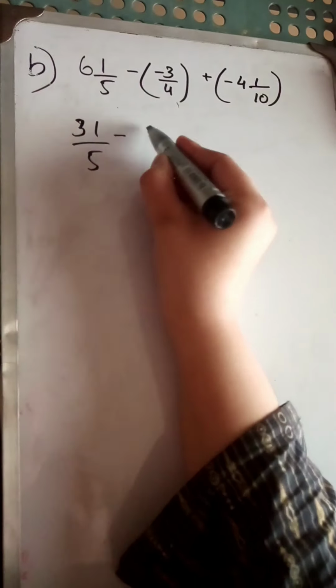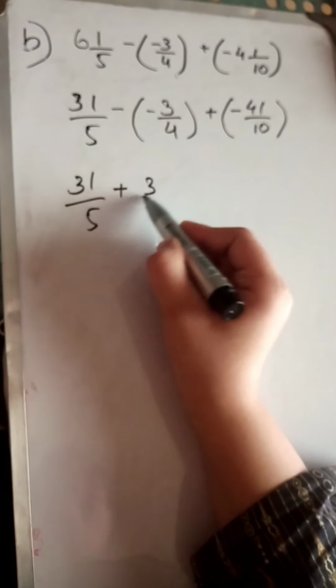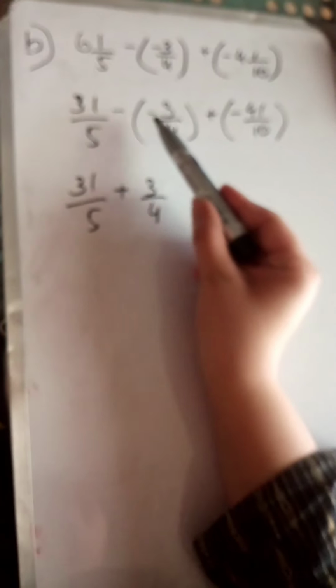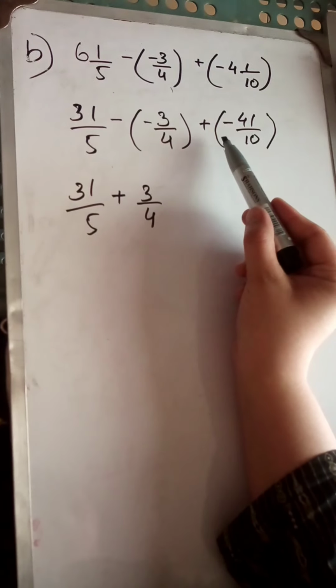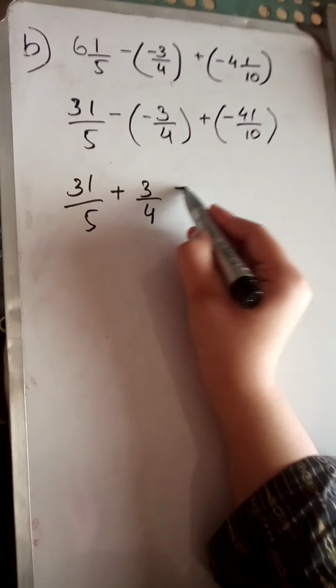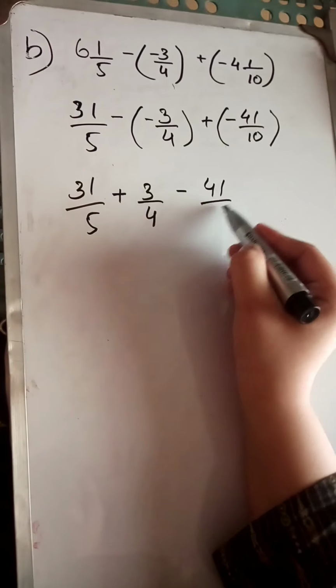Now in the second step we will solve the brackets. 31 by 5 plus minus plus 3 by 4, because in multiplication whenever you multiply minus with minus it will become plus. Now next is plus minus minus 41 by 10.